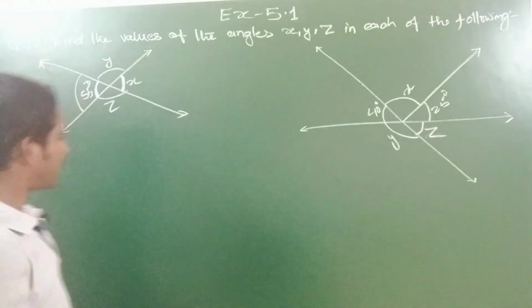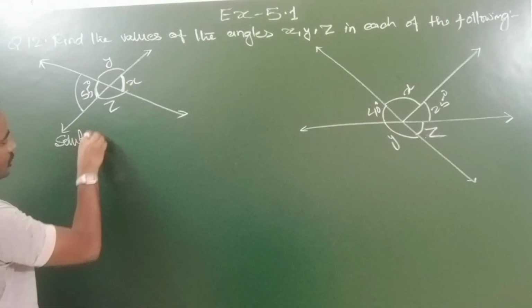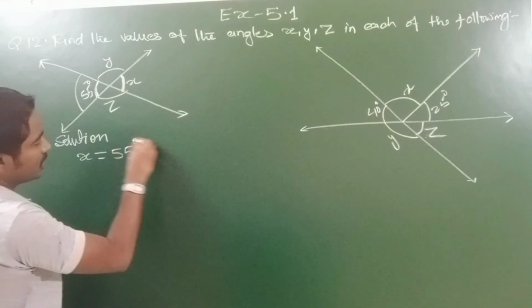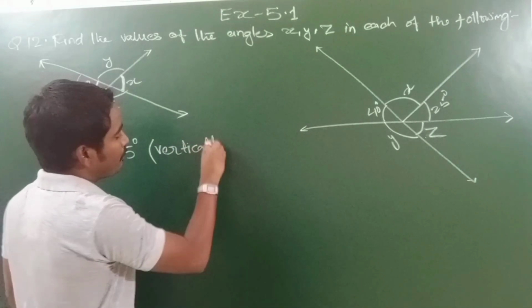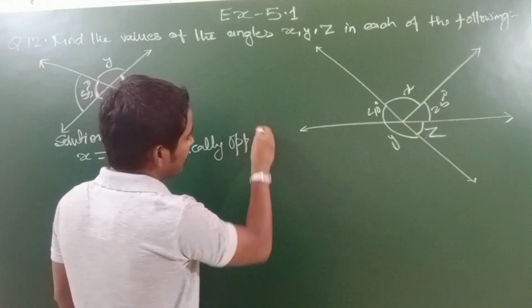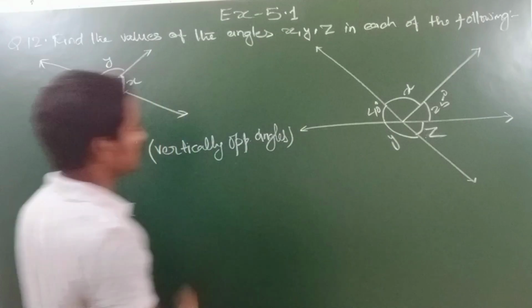So here I will write the solution: x equals 55 degrees. In the reason we will write vertically opposite angles.